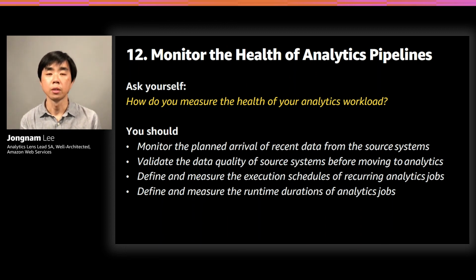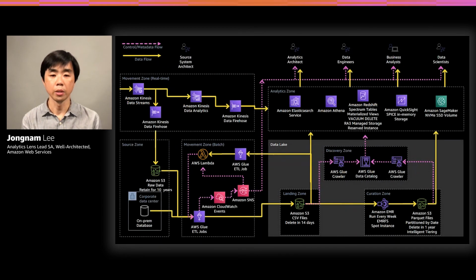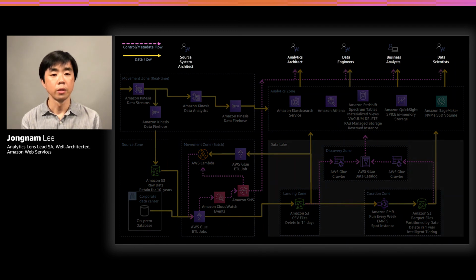You don't expect the daily job to complete after 24 hours, so you need to understand the SLA of the data completions. What that means in the architecture is there's no such mechanism in the architecture diagram as of now.